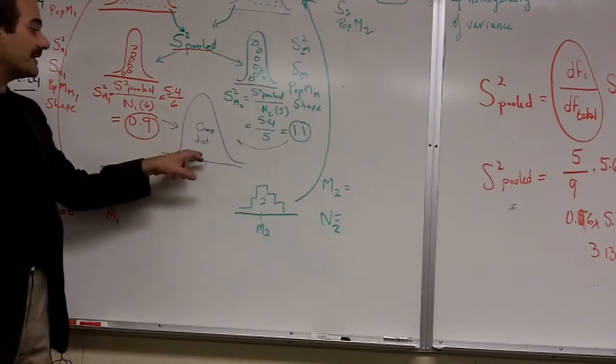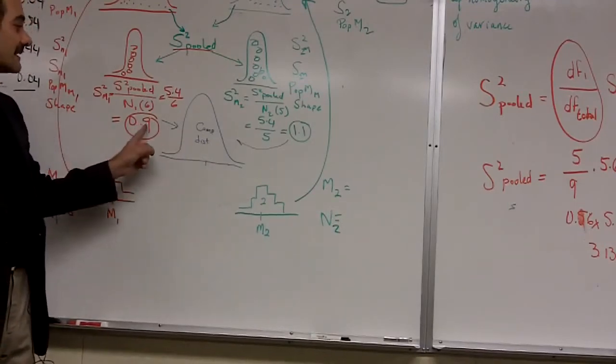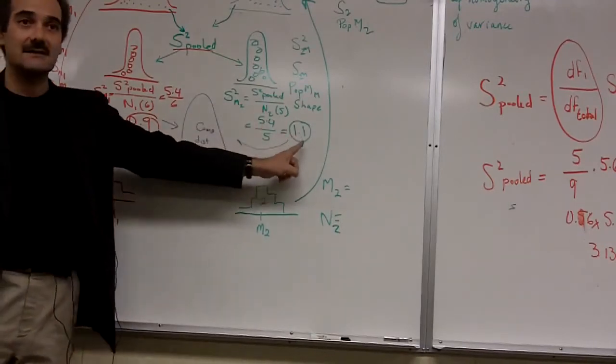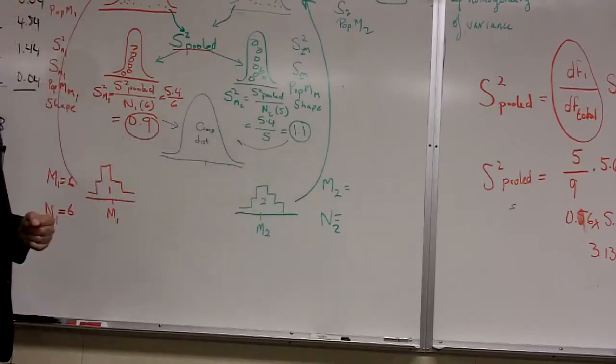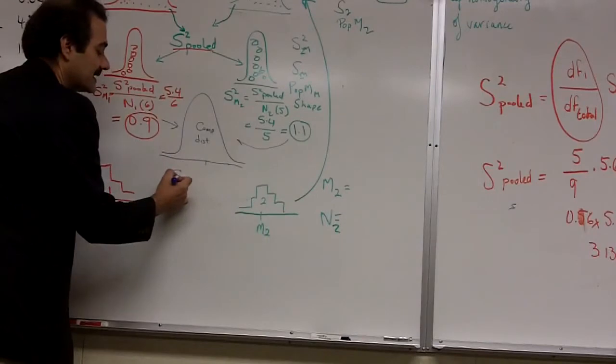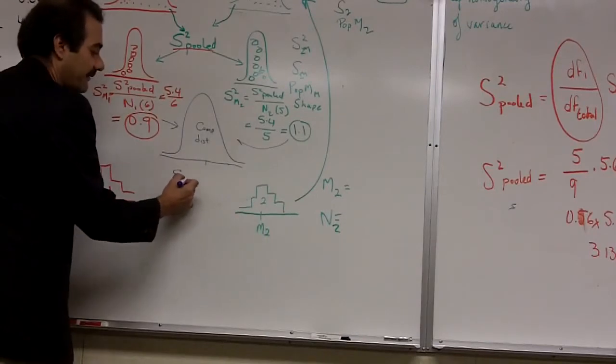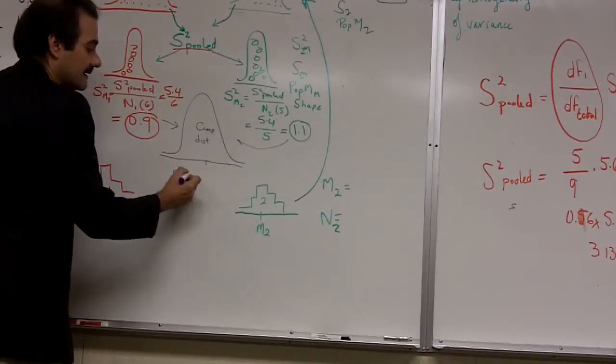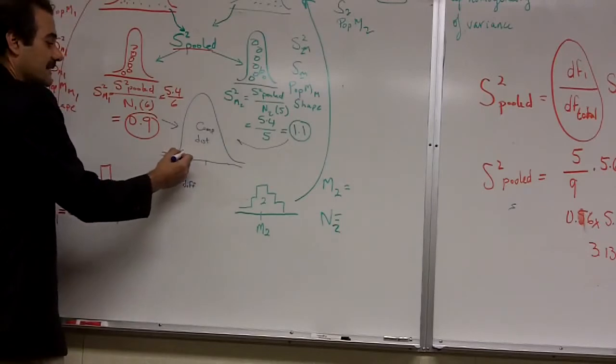So the variance of this distribution is really the sum of this plus this. So S, and this is going to be called S diff, because it's the distribution of differences between means.